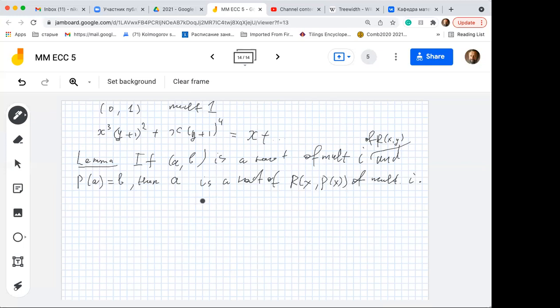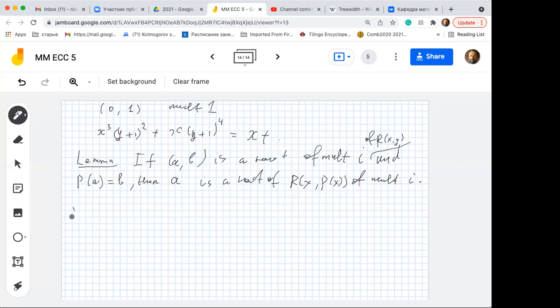So if R has a zero which lies on the graph of P, then after substituting P for y in R, that pair becomes a root of the same multiplicity.